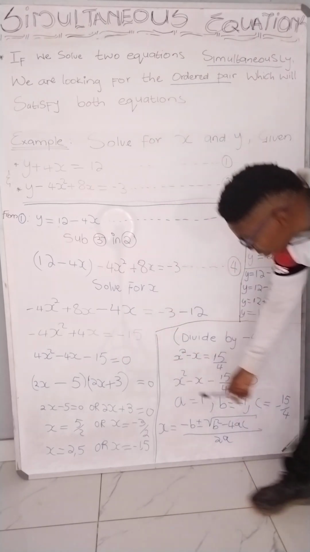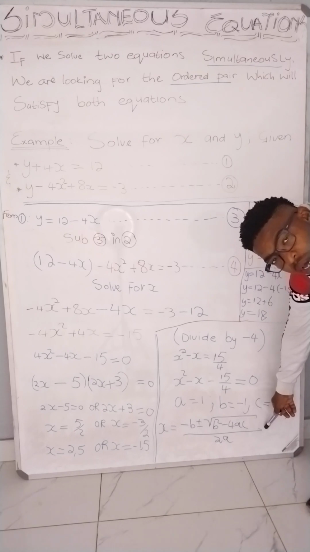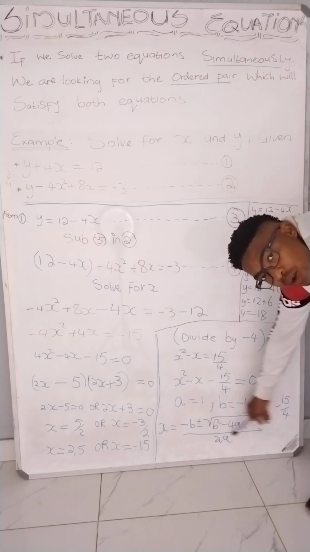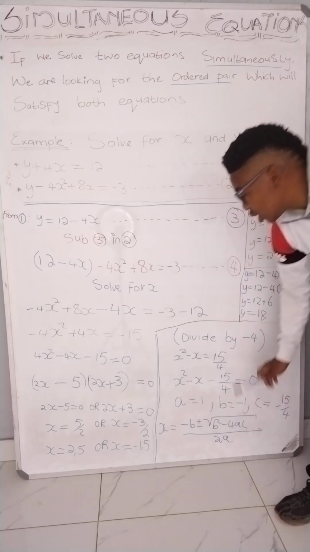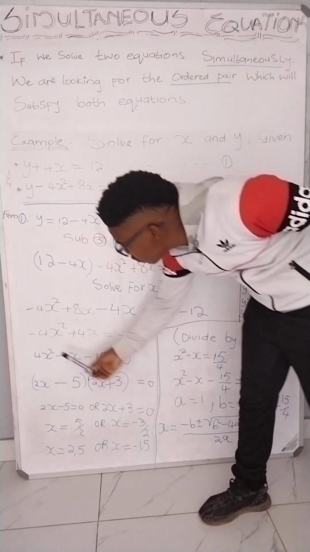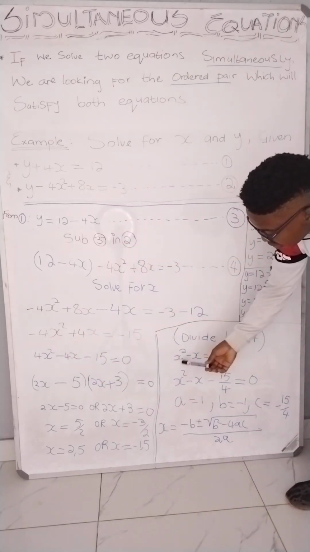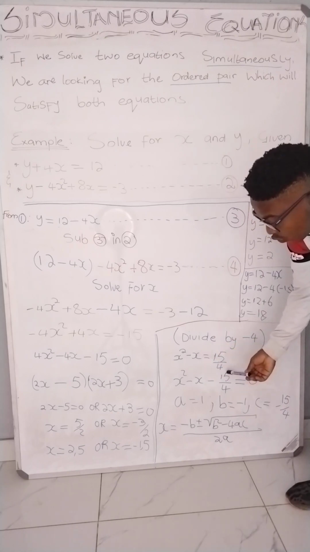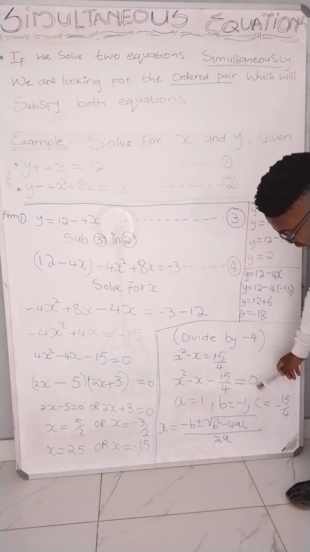And then you come straight to the quadratic formula, which we did in quadratic equations. And then you solve for your x, like that. Or you can divide by negative 4, you'll have a positive x squared minus x is equal to 15 divided by 4, which is going to be fractions and a bit complicated, but still doable.